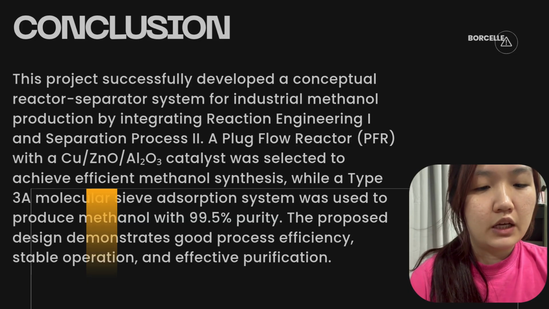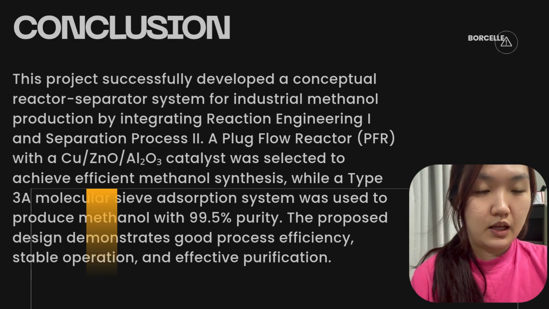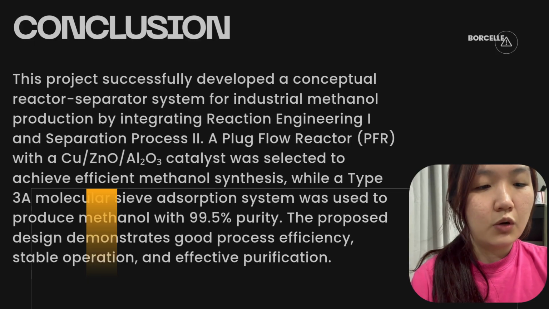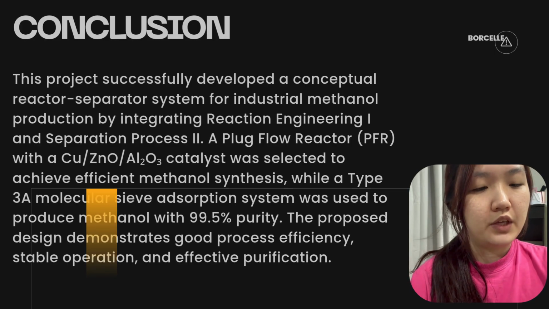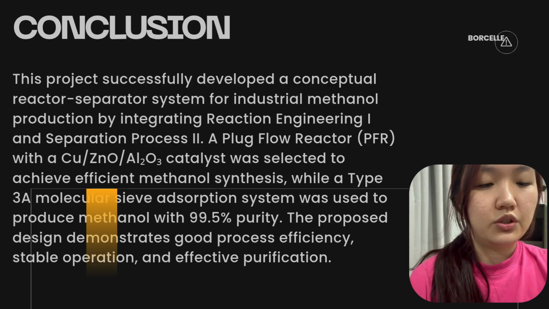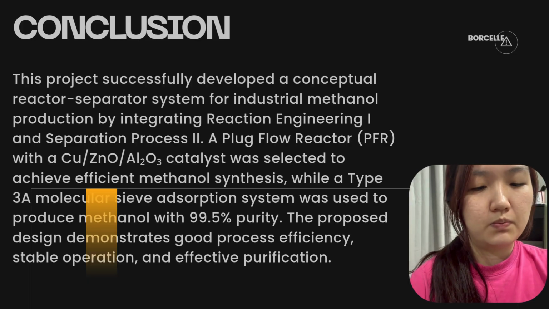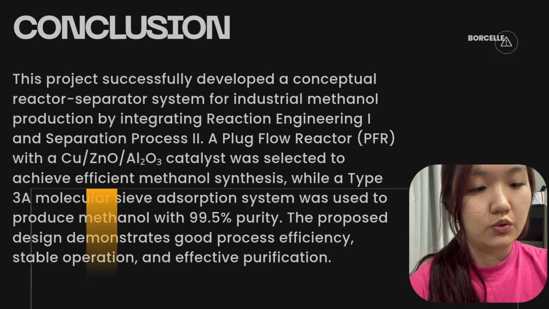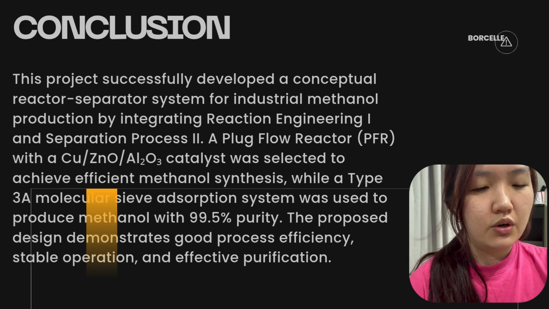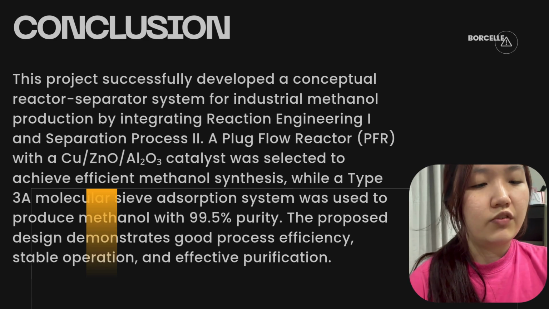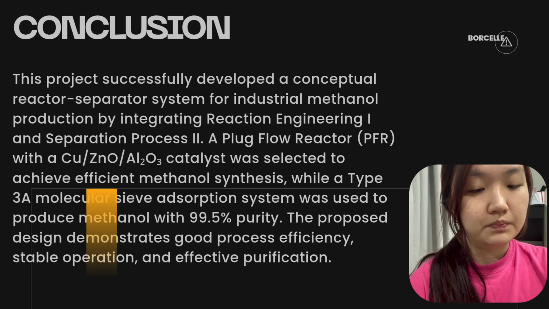So, a methanol product with a purity of 99.5% or more can be achieved, while keeping methanol losses as low as possible. Also, adding a regeneration strategy helps keep the plant running continuously, and it strengthens the overall sustainability of the whole process.